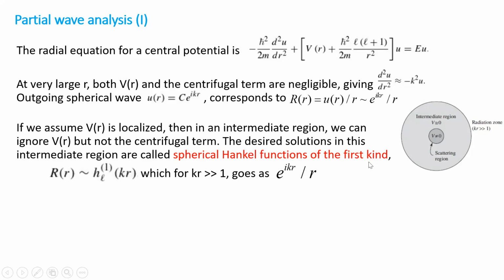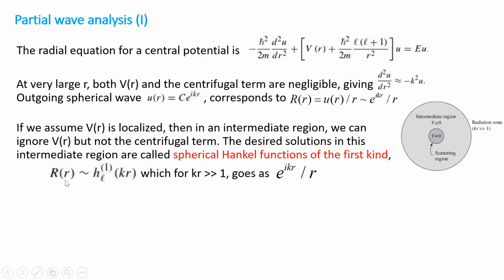We're not going to study those in depth, but they're written as lowercase h for Hankel, sub l because they have an index l, which has to do with angular momentum. The one indicates of the first kind. And they're a function of kr, because kr is what the outgoing spherical wave was a function of.